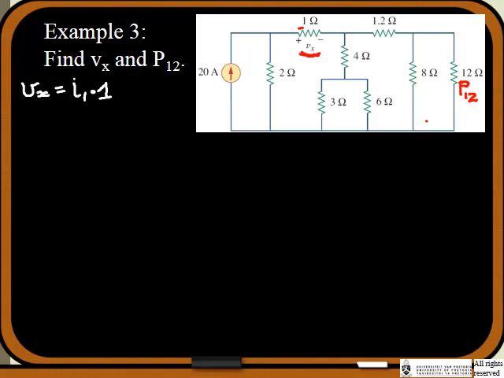But what about the power in the 12 ohm resistor? What do we need to solve for the power in a resistor? Let's start there.